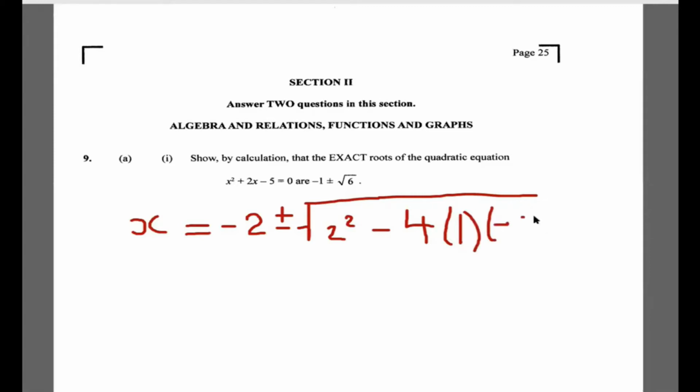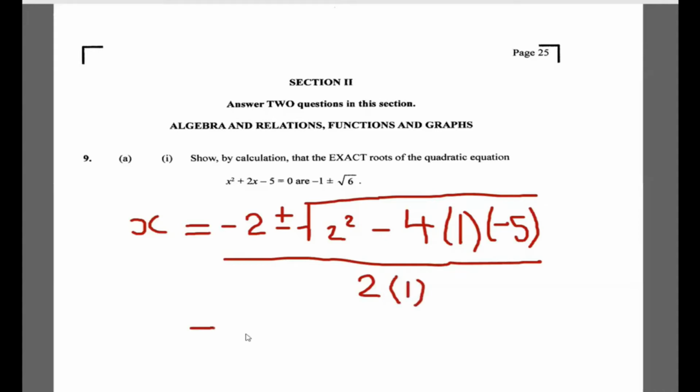All of this is being divided by 2a. A is 1, so it's divided by 2 times 1. And when you do this division, you're getting x is equal to -2 plus or minus the square root of whatever this works out to be.